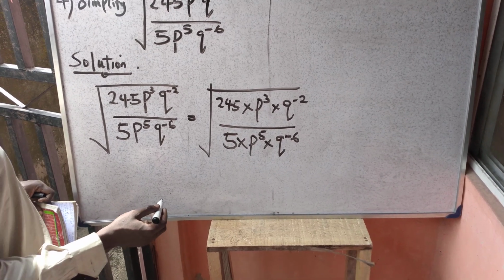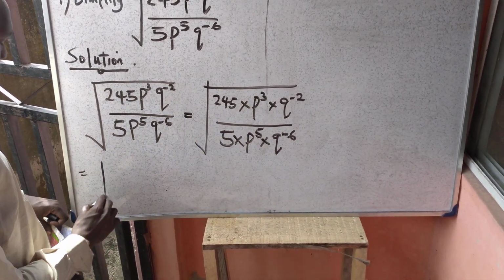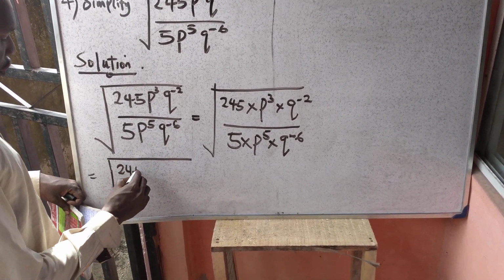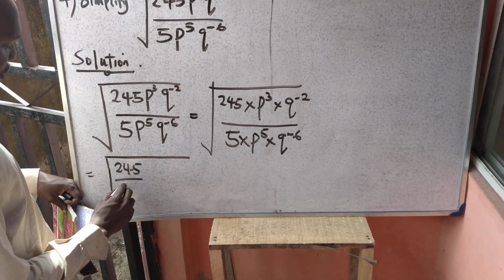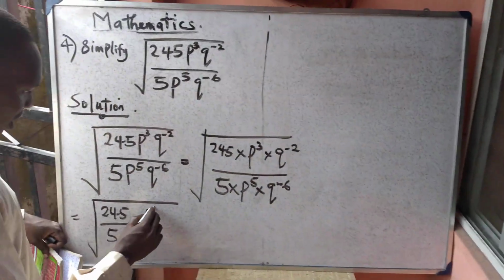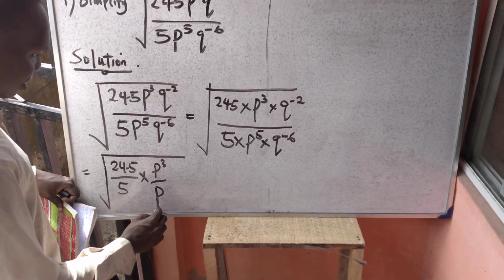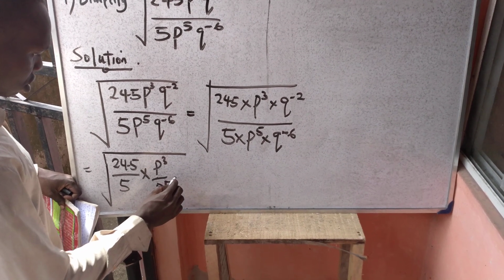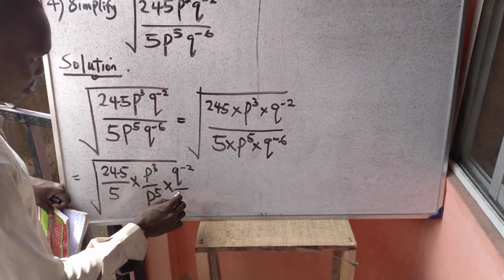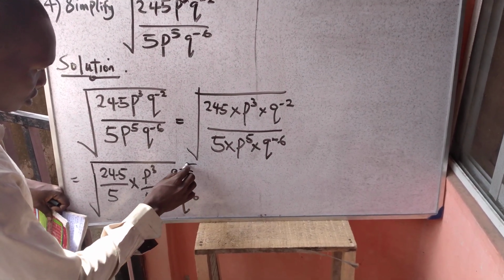Okay, now how do you simplify this? If you separate them, this will be equal to the square root of 245 divided by 5 times p raised to power 3 divided by p raised to power 5 times q raised to power minus 2 divided by q raised to power minus 6.